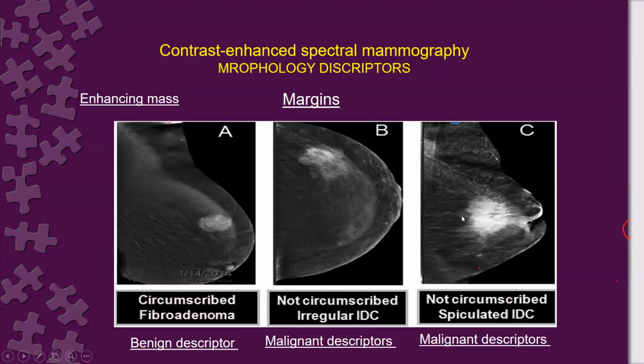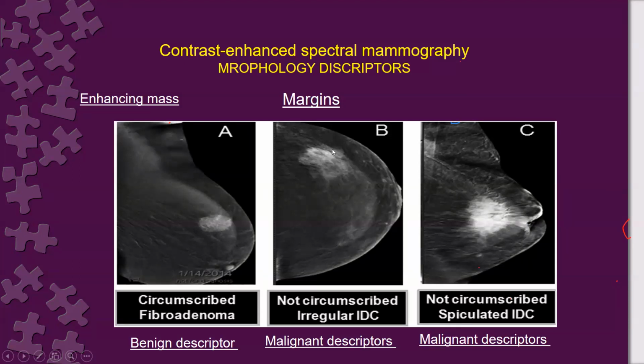If the margins are not circumscribed, related to MRI and contrast enhancement, the only margin descriptor unique to the contrast study is irregular margin. Generally we are not using irregular margin, but for the contrast study, if it is not circumscribed but not spiculated, we call it irregular.